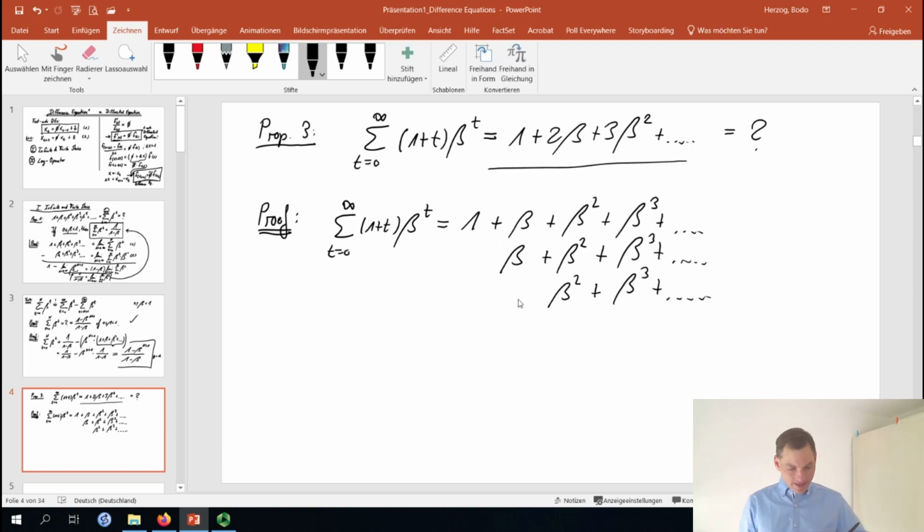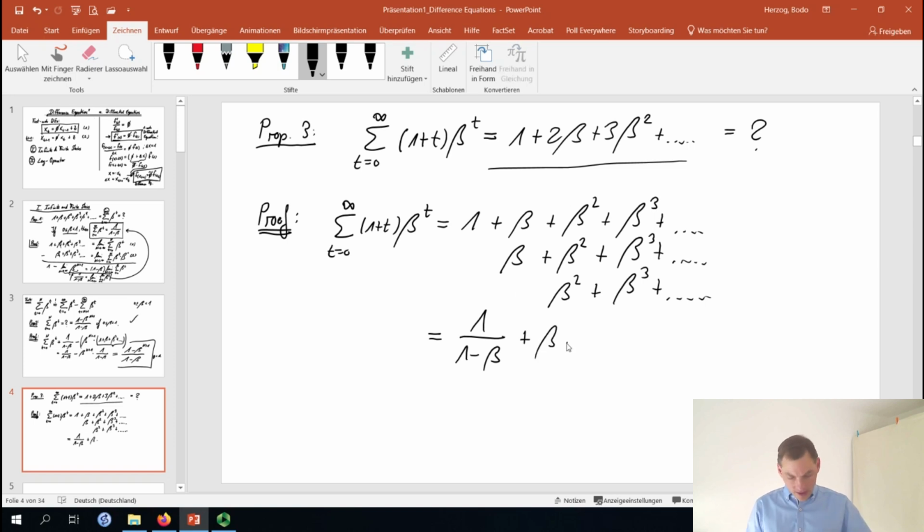And the reason why I did this is because from this we see the first row is basically an infinite sum of what we already know. It would be 1 over 1 minus beta. And then the second series, let's factor out a beta.